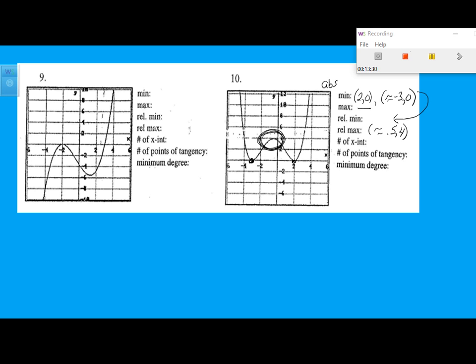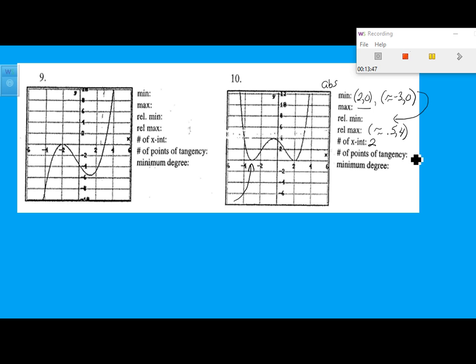Now, number of x-intercepts, there's only 2. There's 1, 2. But now, points of tangency, these are referred to as points of tangency. Notice that my graph comes down, touches the x-axis, and goes back up. My graph comes down, touches the x-axis, and goes back up.